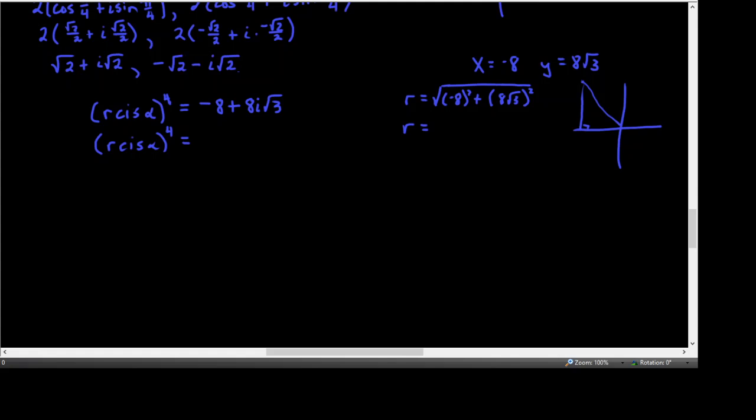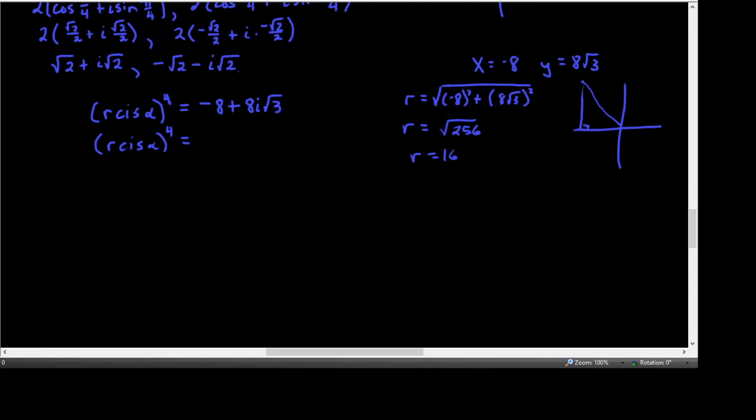And 8 squared is 64 times square root of 3 squared is 3, so 64 times 3, which is 192. When you add all that together, you get 256, and the square root of 256 is 16.